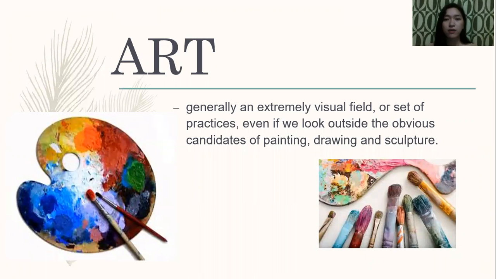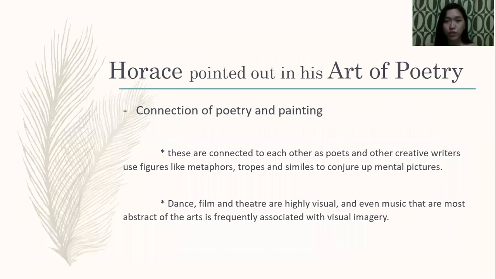So art is generally an extremely visual field or set of practices, even if we look outside the obvious candidates of painting, drawing, and sculpture. Horace pointed out in his Art of Poetry the connection of poetry and painting.